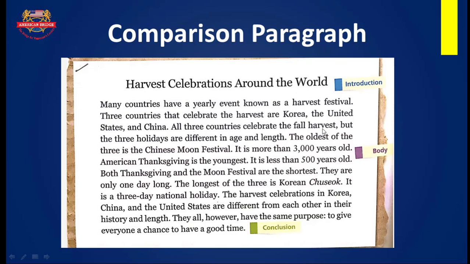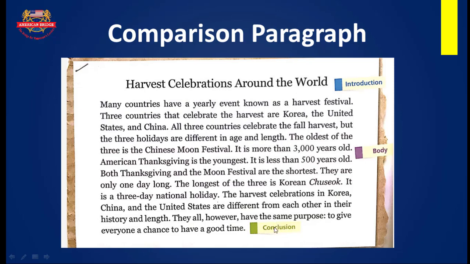Then the length of the celebration: both Thanksgiving and Moon Festival are only one day, whereas Korean Chuseok is a three-day national holiday. So in the whole body paragraph, they refer to only two ideas, ages and length.